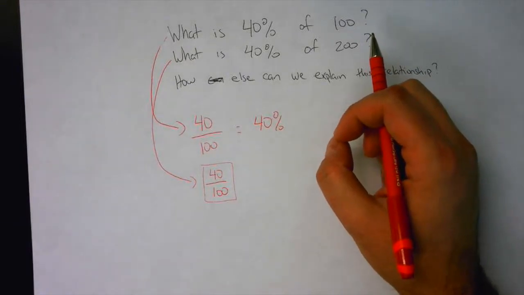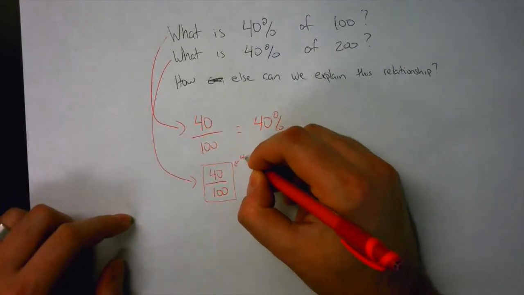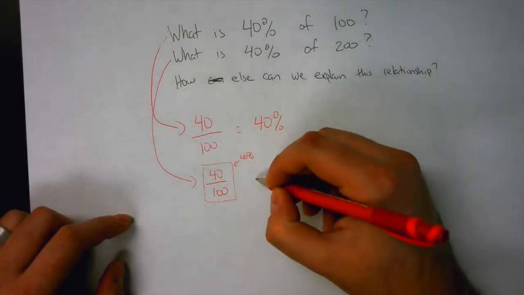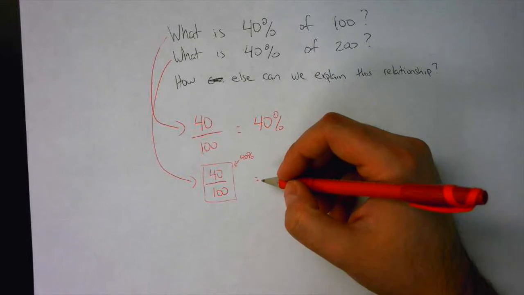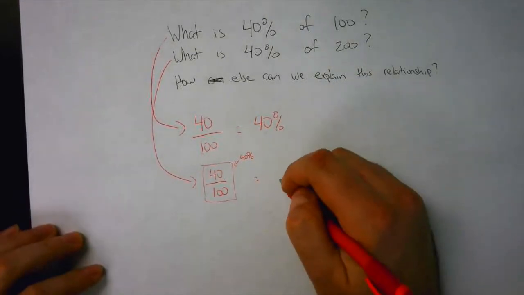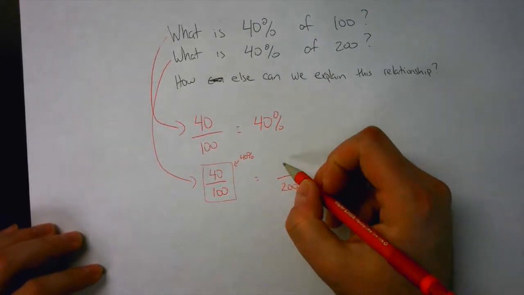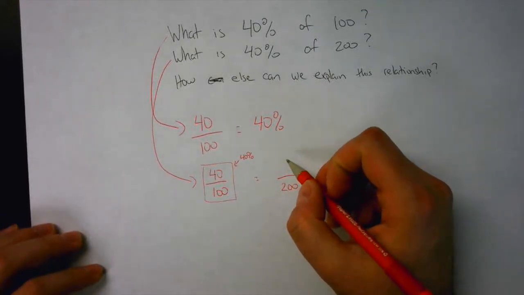Taha. It represents 40%. Yeah, so this is representing the 40%. Okay? And you said you need a denominator of 200. And this 200 represents which value?